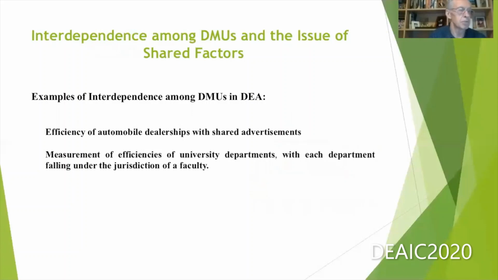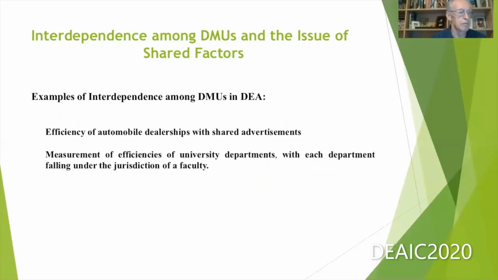In some situations, there can be some form of interdependence among the DMUs. Consider a couple of examples. The sales of automobiles, such as a Subaru, are very much influenced by TV, radio, magazine, and newspaper ads. These ads are a form of common or shared input, benefiting all dealerships in the vicinity where those ads appear.